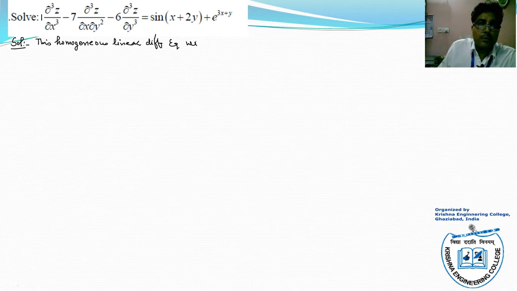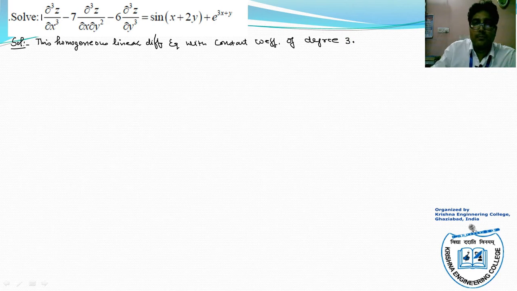A differential equation with constant coefficients of order 3. Clear?